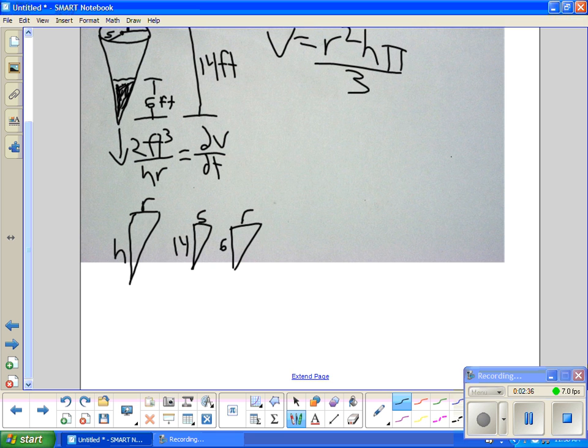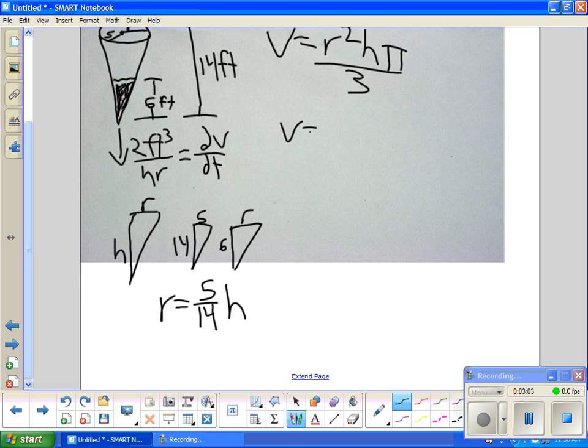So using cross-multiplying and division, we'll find that the related rate of R to H is R equals 5/14 H. And that will come in handy right now.